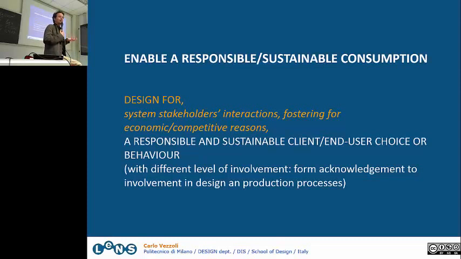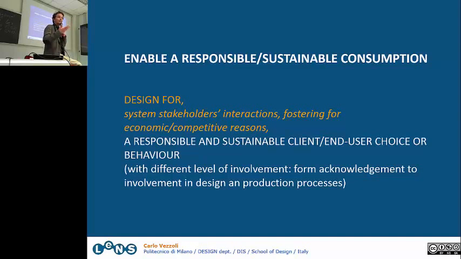You can say that simply you design something and you offer something by which the customer or the end user is informed about the sustainability of your offer, so that he or she can select this.